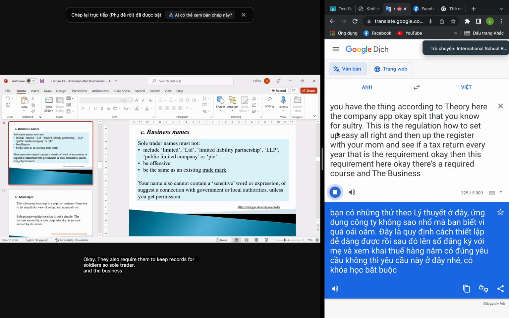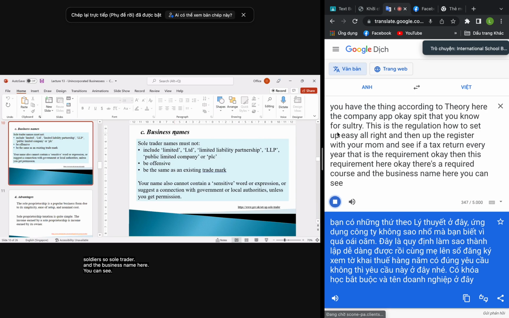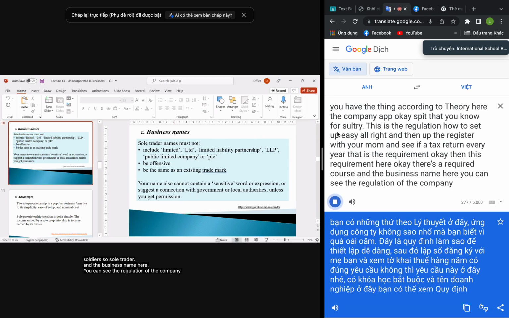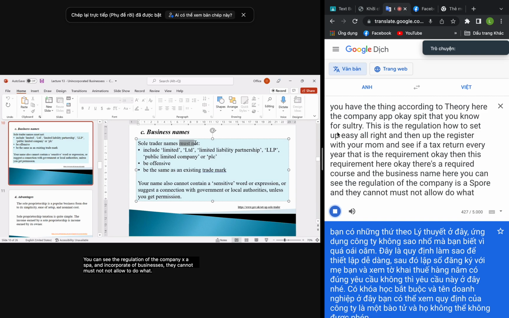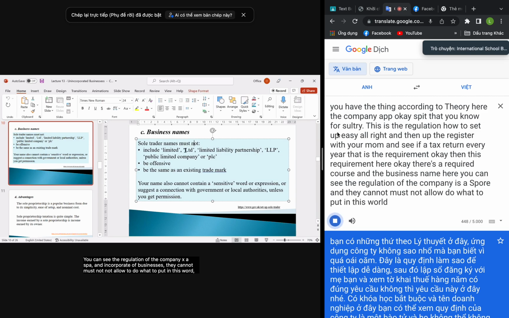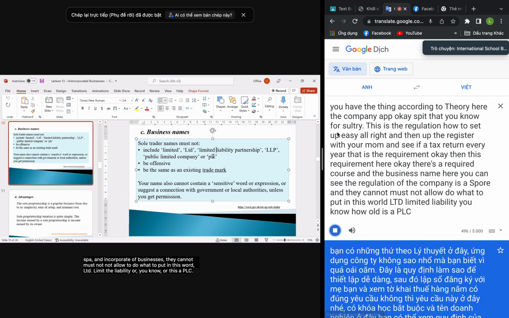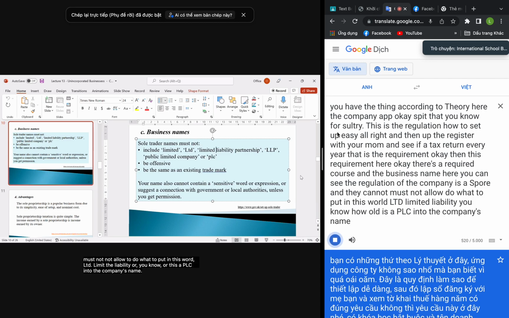And the business name here: the regulation of the Companies Act says unincorporated businesses must not be allowed to put the words LTD, limited liability, or PLC into the company's name. Not allowed.